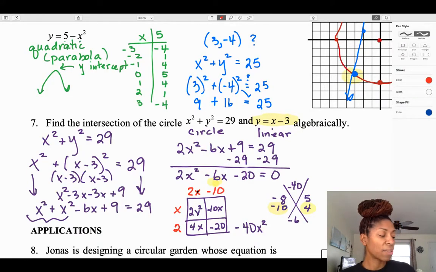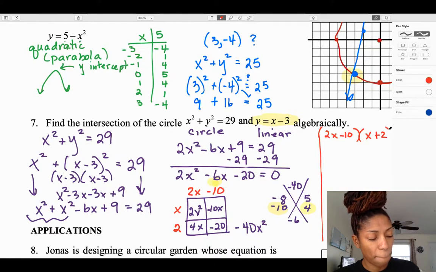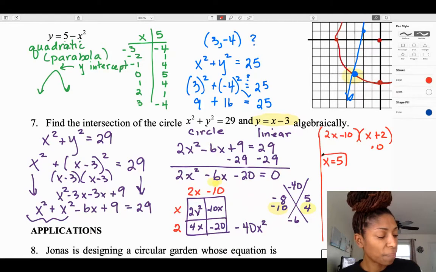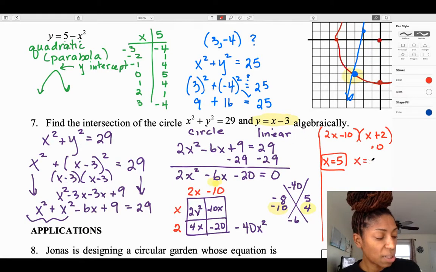So these are my factors, 2x minus 10 and x plus 2, equal 0. So you set each factor equal to 0 and then you solve. Well, 2 times 5 minus 10 is 0. So x equals 5. And if x were negative 2, I would get 0. So x equals negative 2.